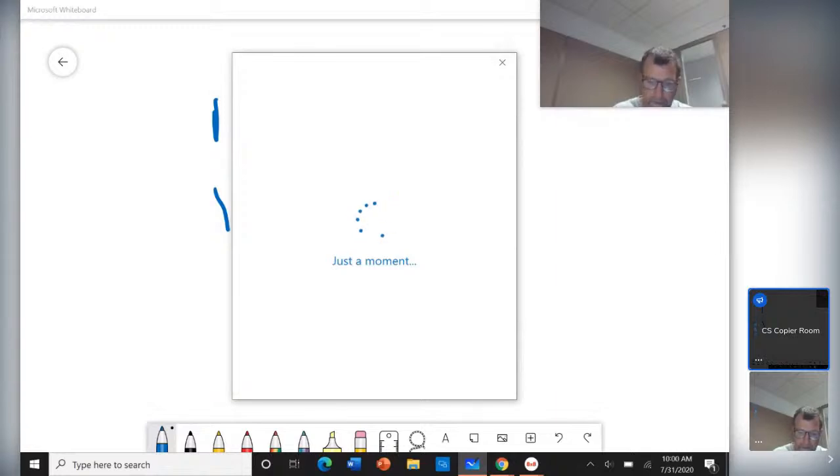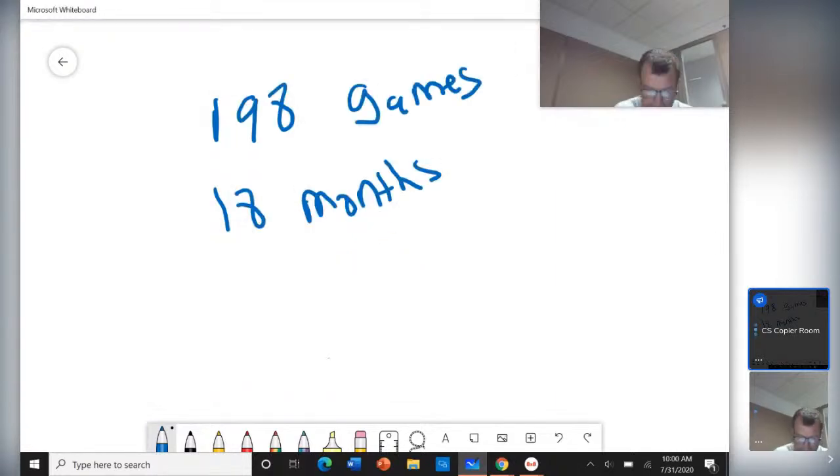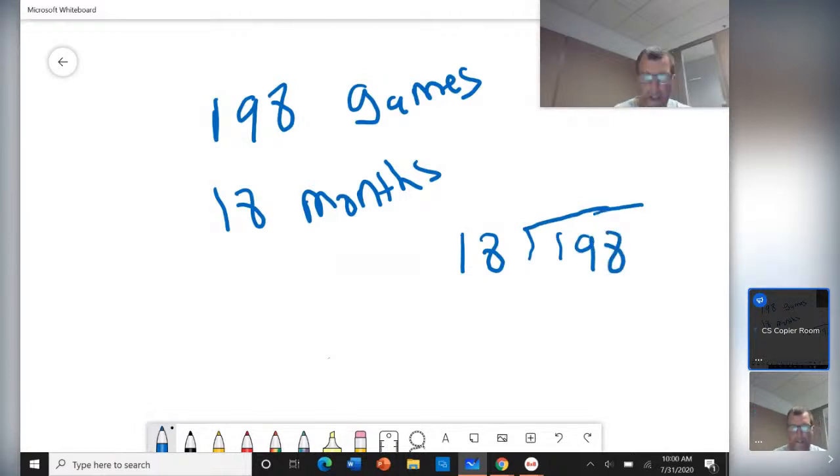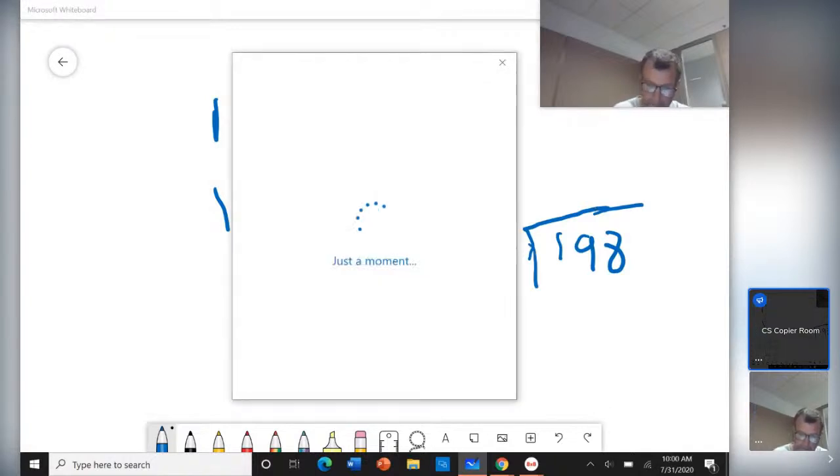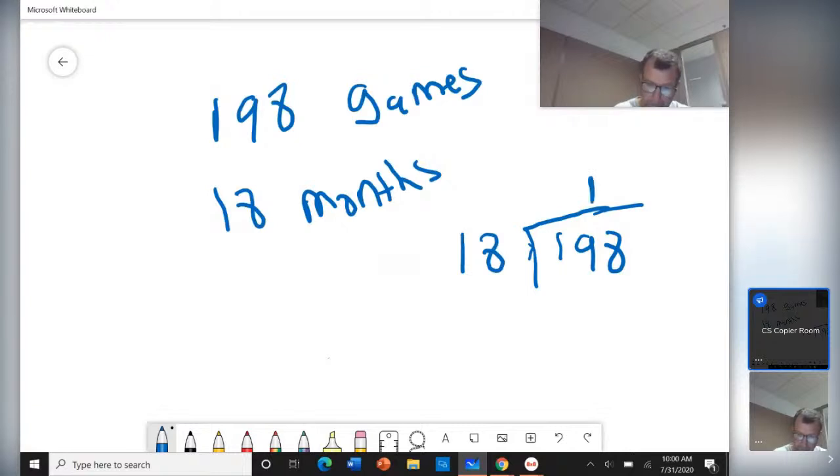So what we do is, this is a division problem. It would be 18 into 198. Okay. So 18 will go into 19 once. So for that one, it's going to be 11 games a month.